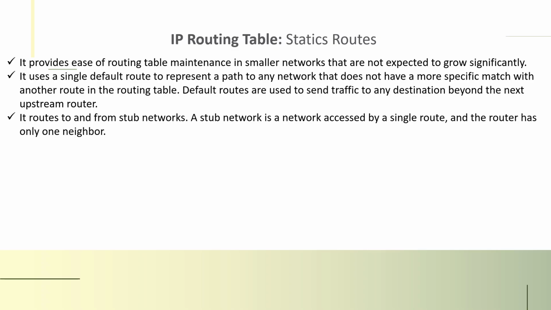They use a single default route to represent the path to any network that does not have a more specific match with another route in the routing table, and default routes are used to send traffic to any destination beyond the next upstream router. They are also used for routing to and from a stub network, where a stub network is a network accessed by a single route and the router has only one neighbor.